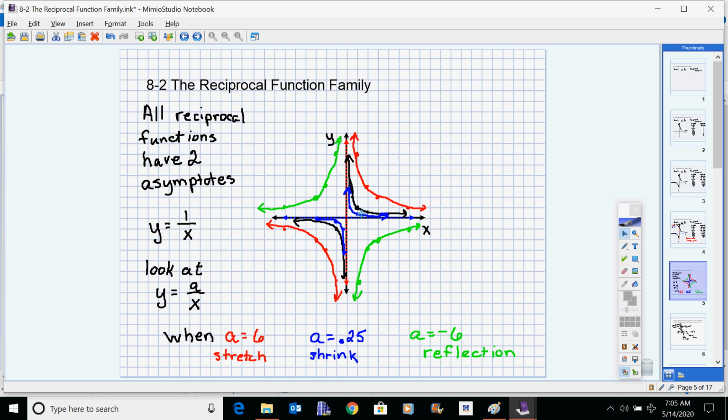When a is 6, we have 1, 6. When we have 0.25, we have 1 and then 0.25 because you're dividing whatever that a is by just 1.